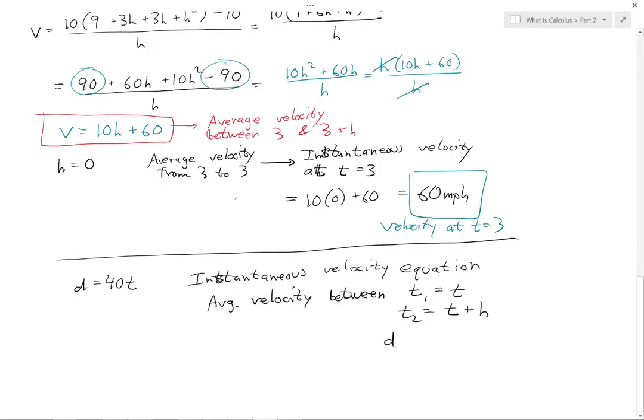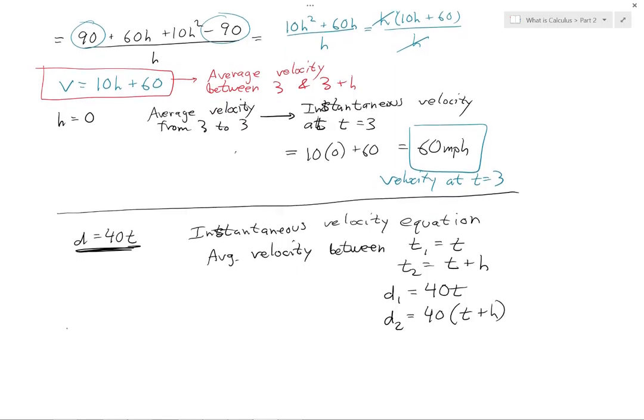And so d1 is going to be 40t. Again, 40t is our equation. I'm getting it from right here. That's our xy or our td relationship. And d2 is going to be 40 times t plus h. So let's go ahead and find the average velocity. It's going to be 40 times t plus h minus 40t, over t plus h minus t, right?